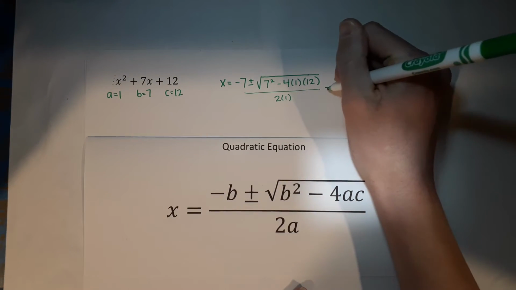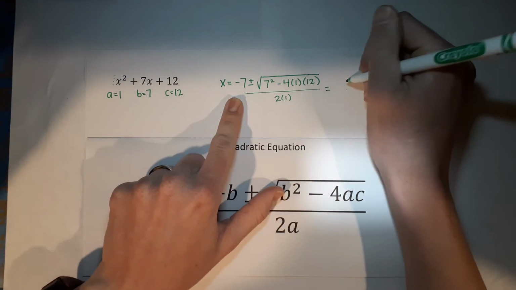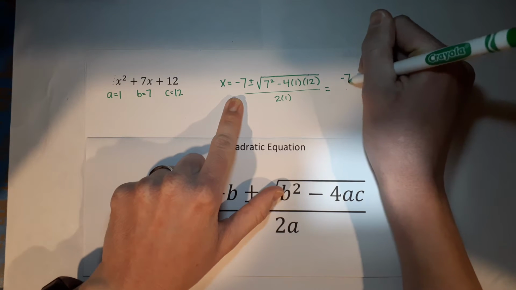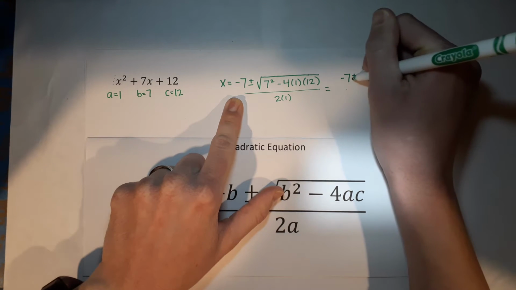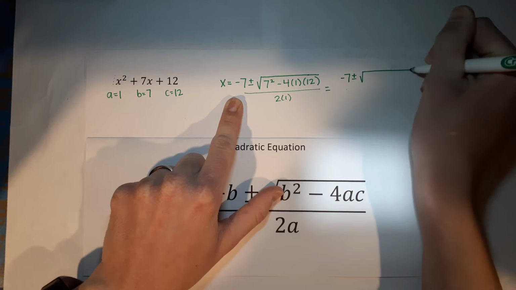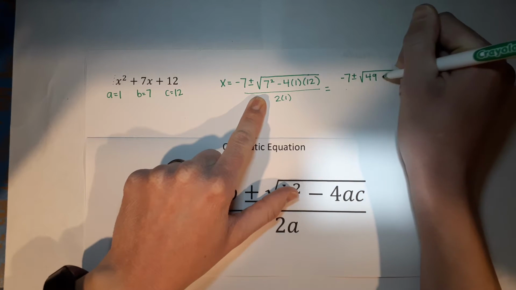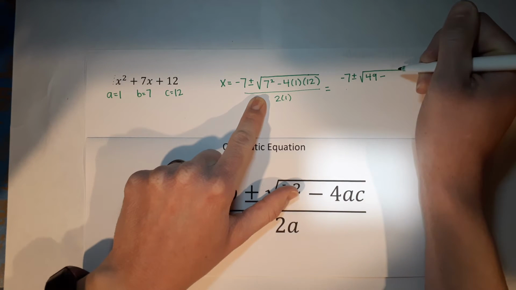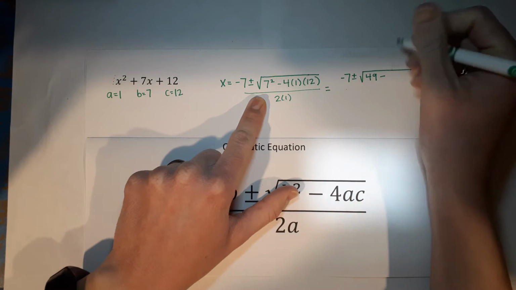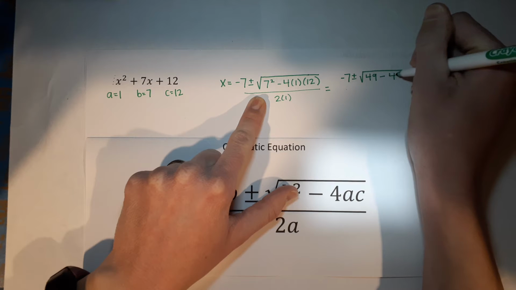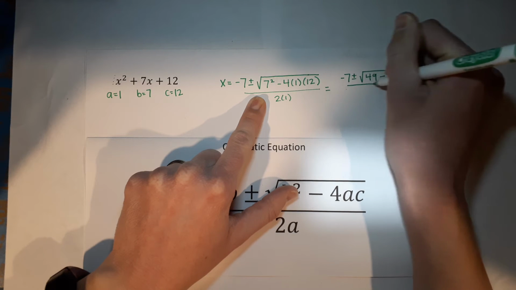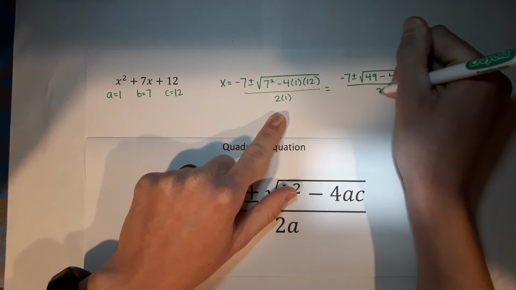Let's simplify it. So x equals negative 7 plus or minus the square root of 7 squared, which is 49, minus 4 times 1 times 12, which is 48. This isn't looking as scary, right? We got rid of a bunch of parentheses. 2 times 1 is 2.